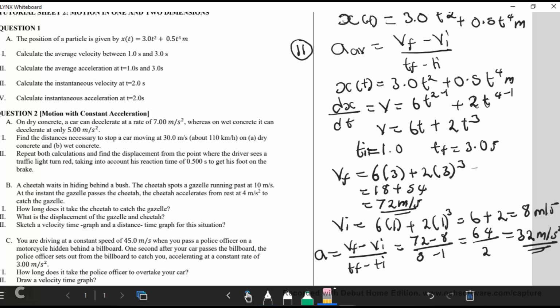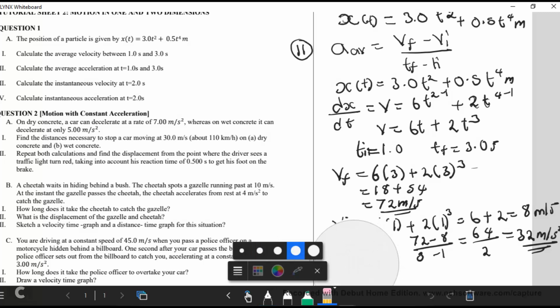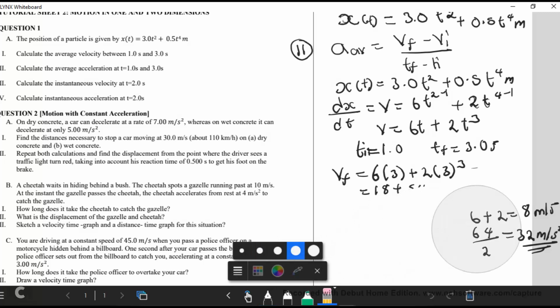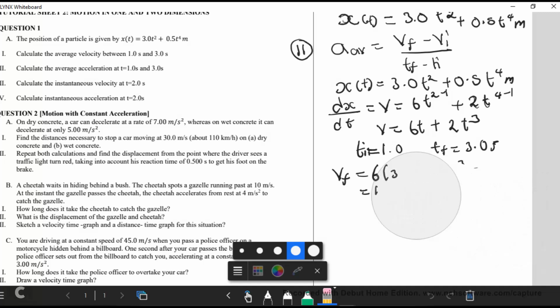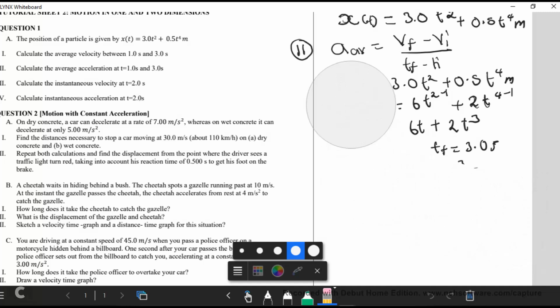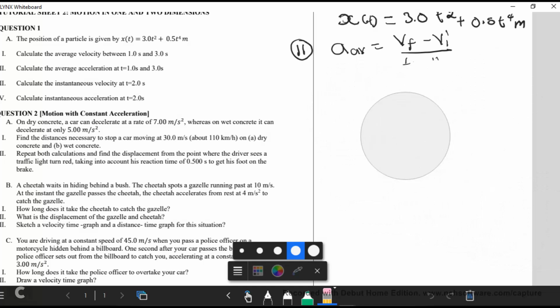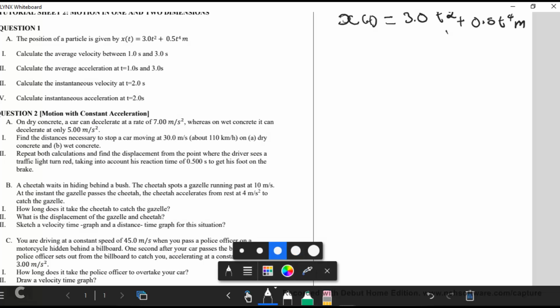Let's go on to question 3. What is it really asking us? Question 3 says calculate the instantaneous velocity.